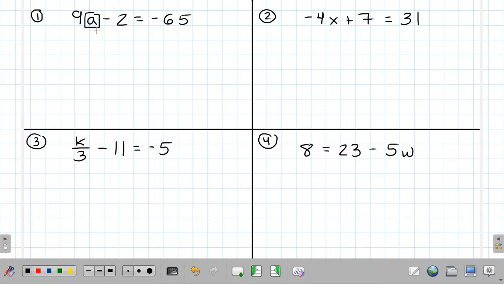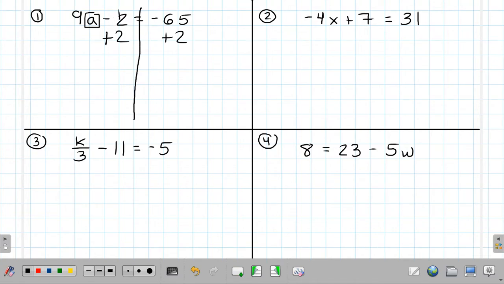Okay, so we need to ask ourselves, well, what are we doing to a in the equation? What's happening to a? Well, we're multiplying it times 9, then we're subtracting 2. Okay, in that order, multiply by 9, then subtract 2. So that means to work backwards from that order, we have to add 2 first.